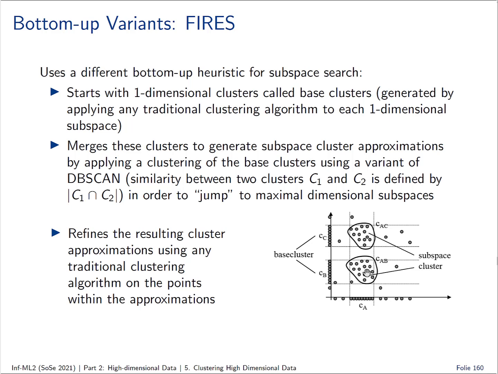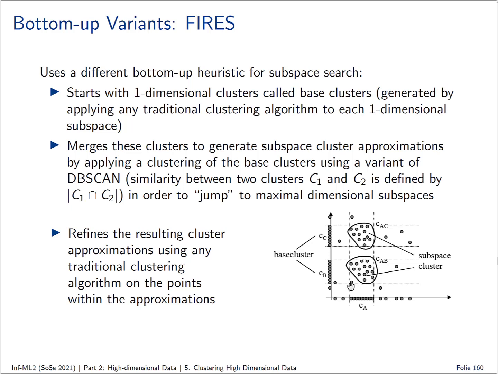Those candidates are refined using any traditional clustering algorithm, again only on those points here. If we merge these two base clusters CB and CA, we get this approximation, which is a rectangular approximation, obviously, and then we apply another cluster criterion on that in order to find the final subspace cluster, which is this one here.